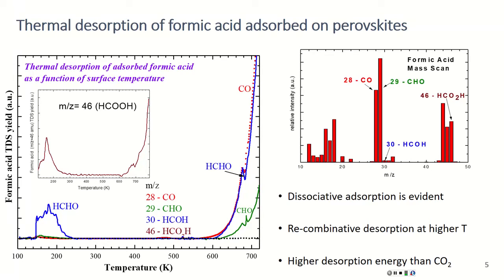That means the perovskite structure is not completely destroyed, and these intensities are different. We have a little higher intensity here and lower intensity here, but still the same pattern. So that means some stability is introduced with the formic acid adsorption.